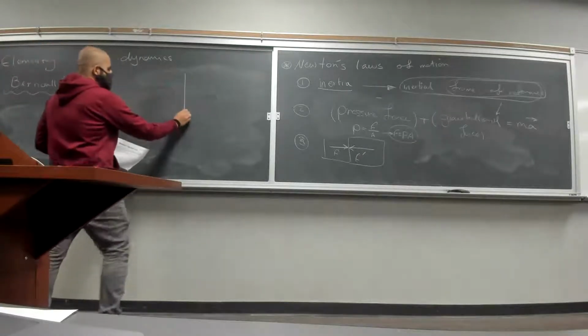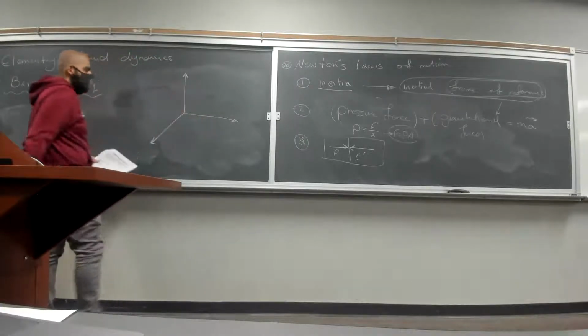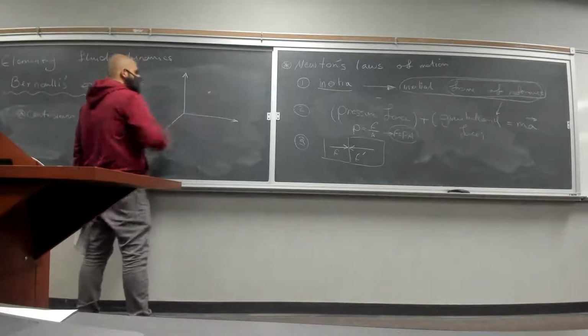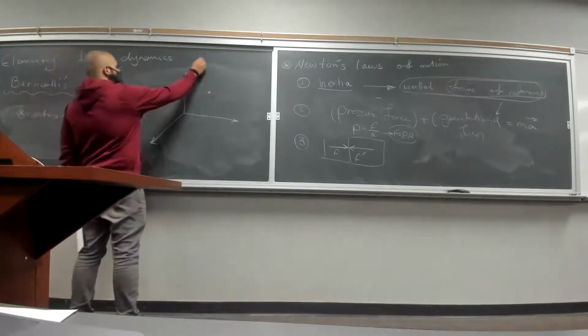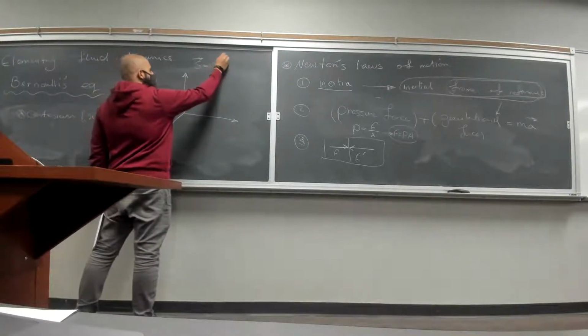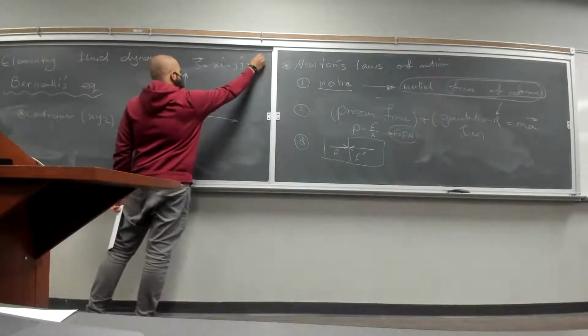The first thing you need to be clear on is the choice of coordinate system, or frame of reference. We can actually have the Cartesian coordinate system, which is the more common one: X, Y, Z. The location of each particle of the fluid can be given as Xi plus Yj plus Zk.